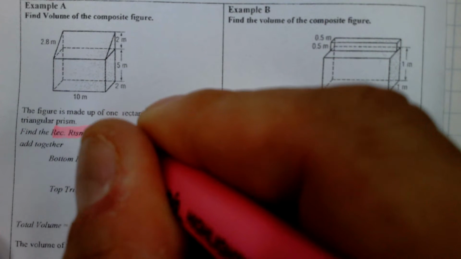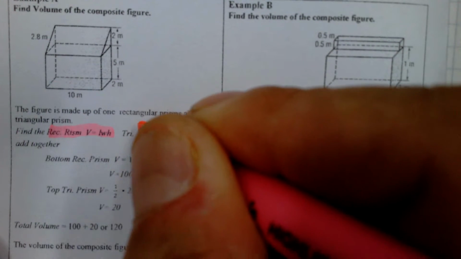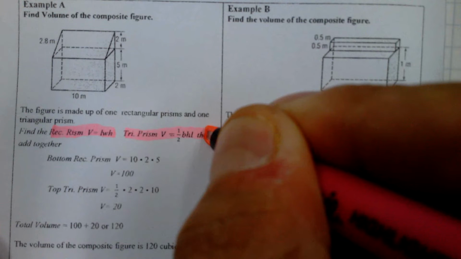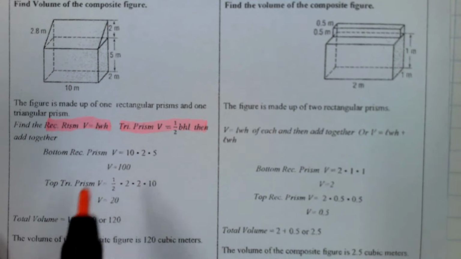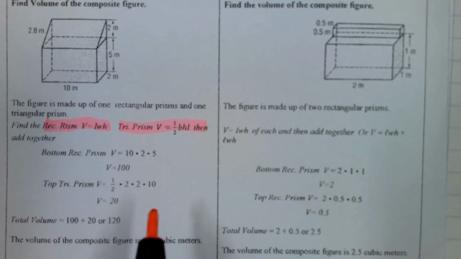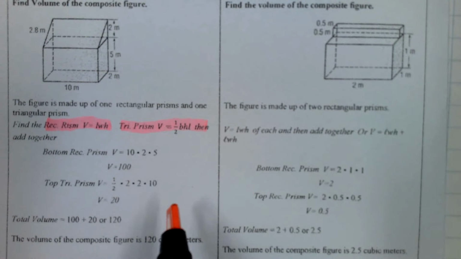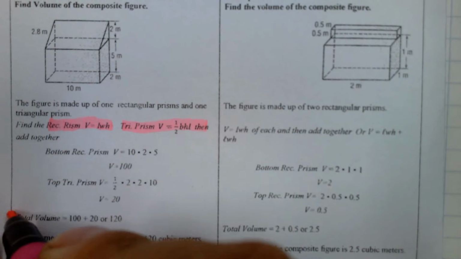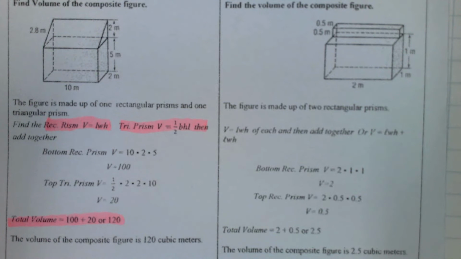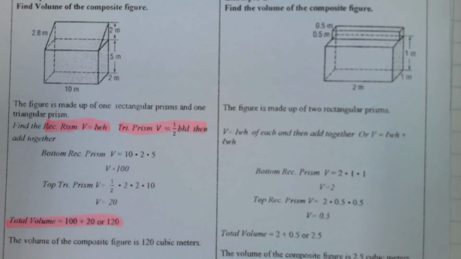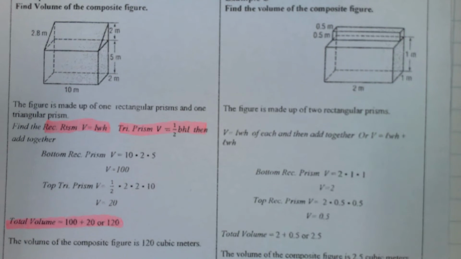We have to know how to locate the right dimensions, find the volumes, and in the end, we get the total volume by adding them up. So that's what we're going to do. Let's just jump right into our first example.